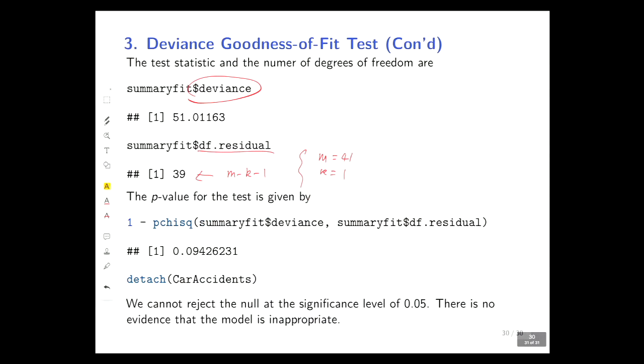And by using this, you can use the p chi-square function to obtain the probability.